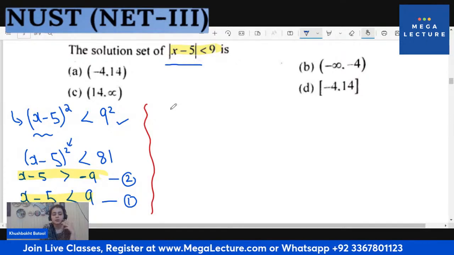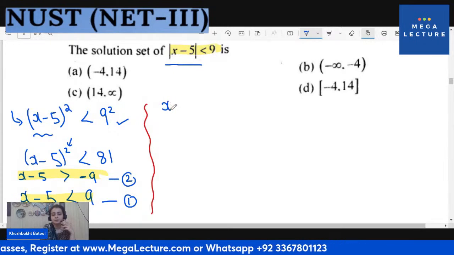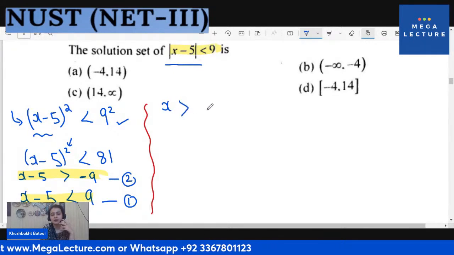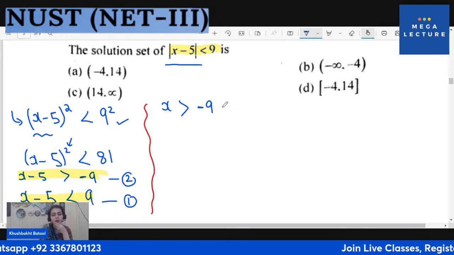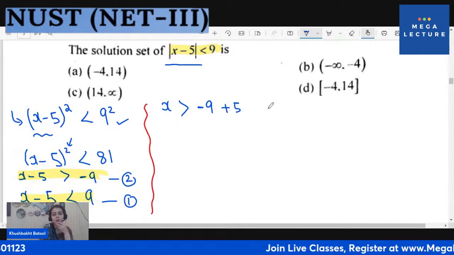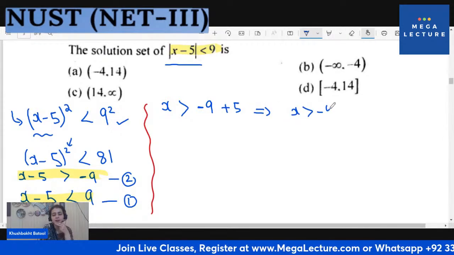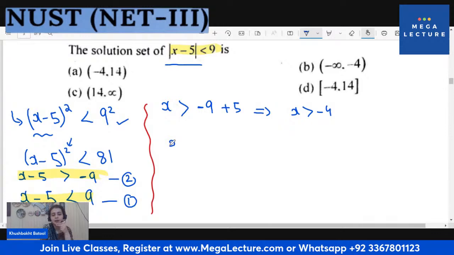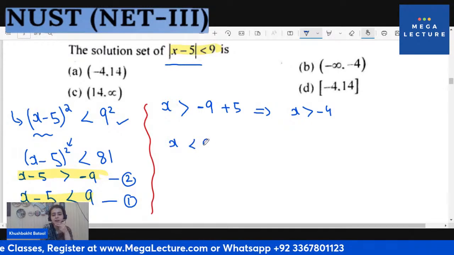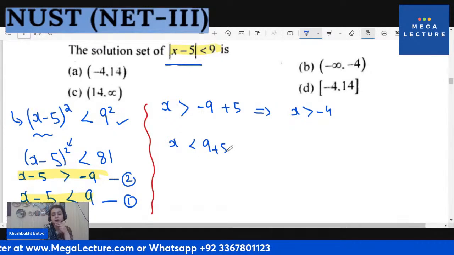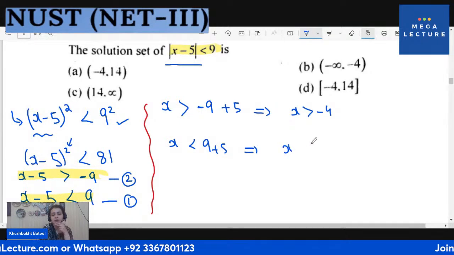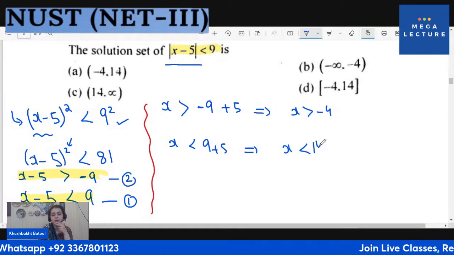So this would give you x > -9 + 5, so x > -4, and then x < 9 + 5, so x < 14.